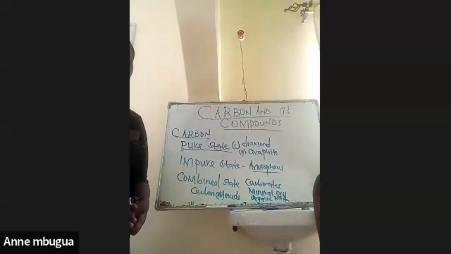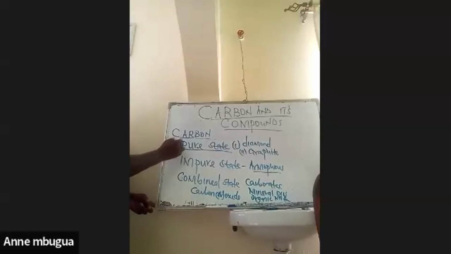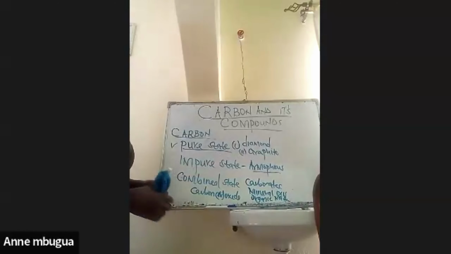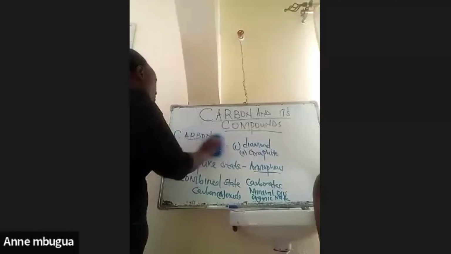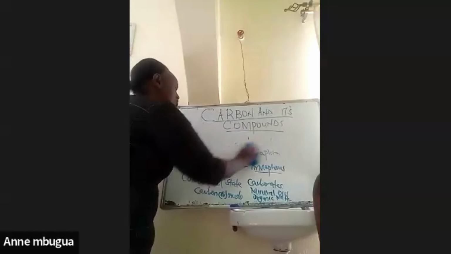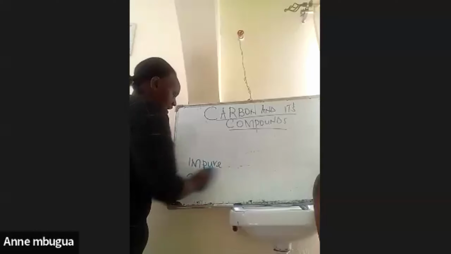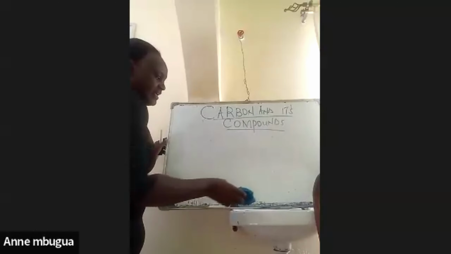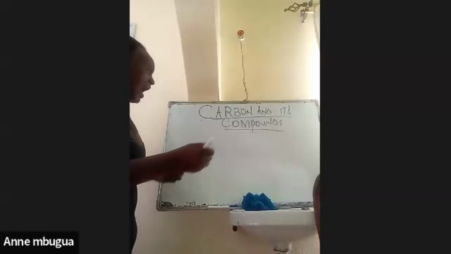From there, we've said the first state in which carbon occurs is in pure state, diamond and graphite. These are referred to as allotropes of carbon, and they are the next one that we are going to discuss.